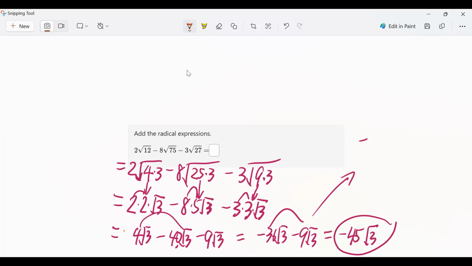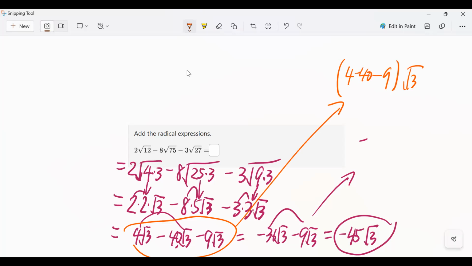And also this part, you can do it this way, right? You can factor the radical 3. All the numbers go in: 4 minus 40 minus 9, that works. And from there, just combine the numbers. 4 minus 40 is negative 36, minus 9 radical 3.